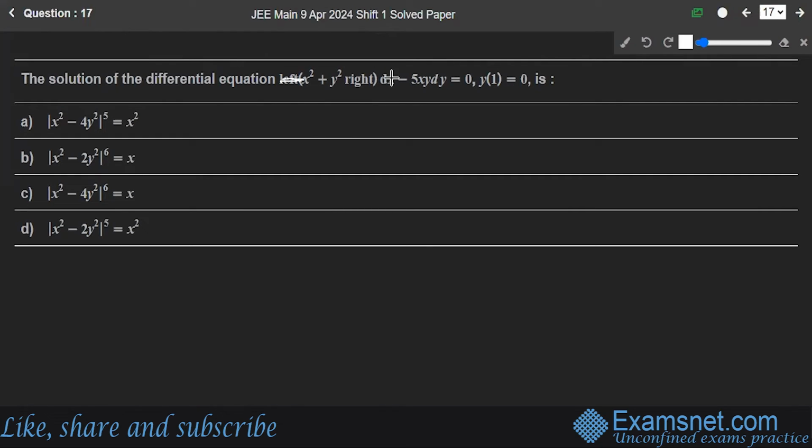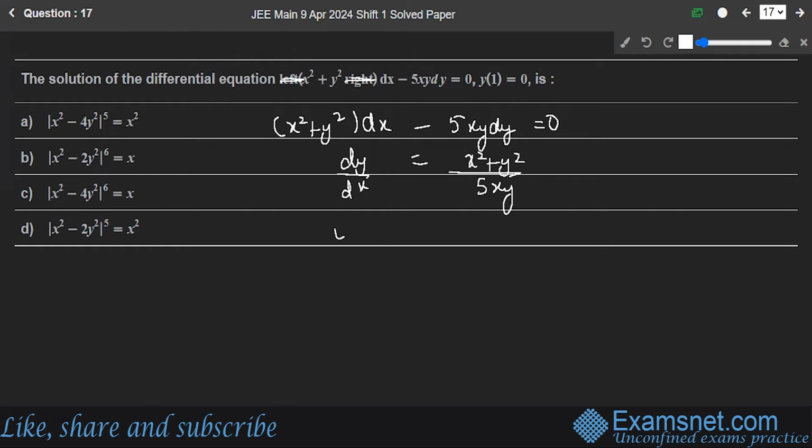Let's rewrite the equation. You have (x squared plus y squared) dx minus 5xy dy is equal to 0, or dy by dx is equal to (x squared plus y squared) upon 5xy. Let's say y upon x is equal to v, or y is equal to vx.